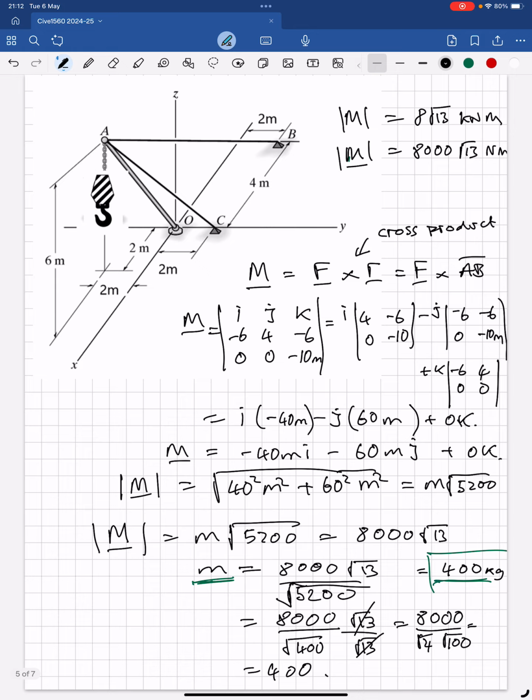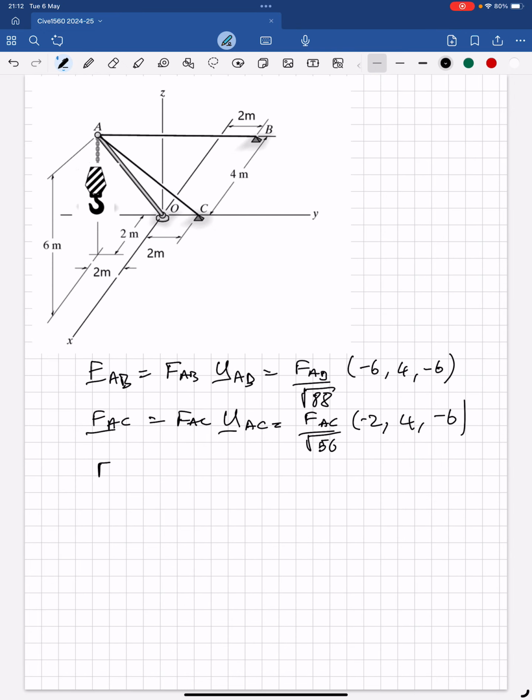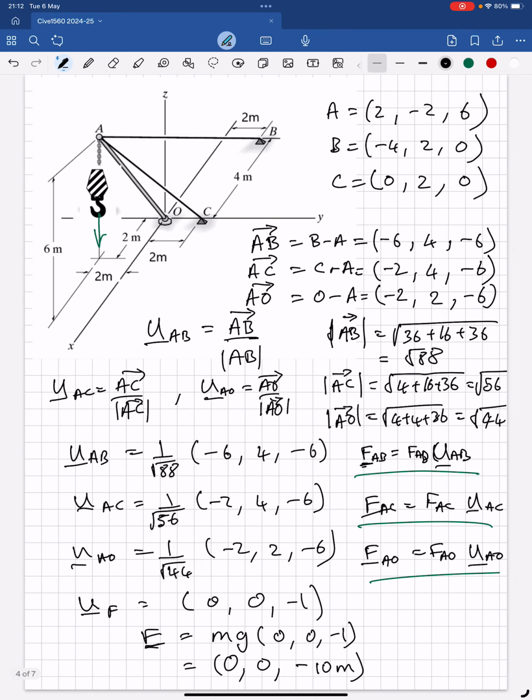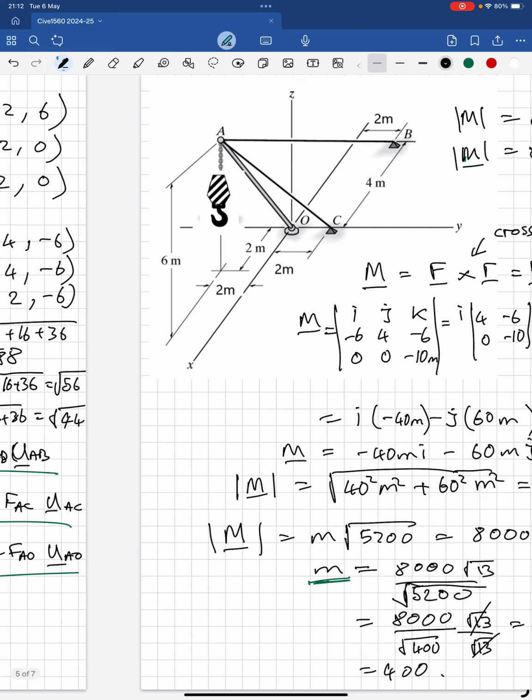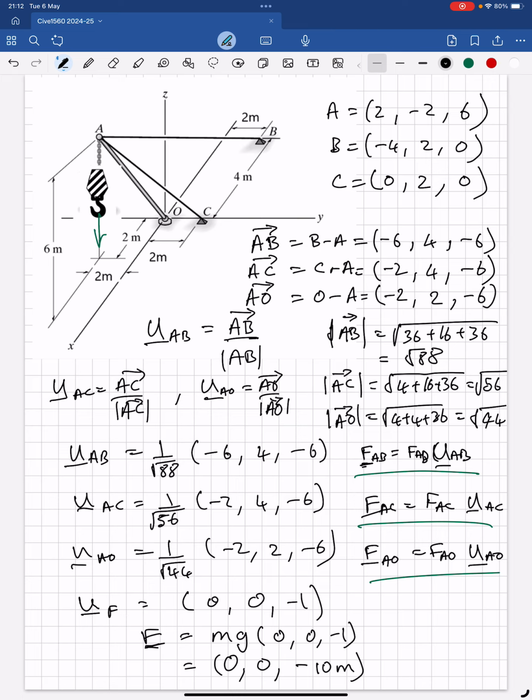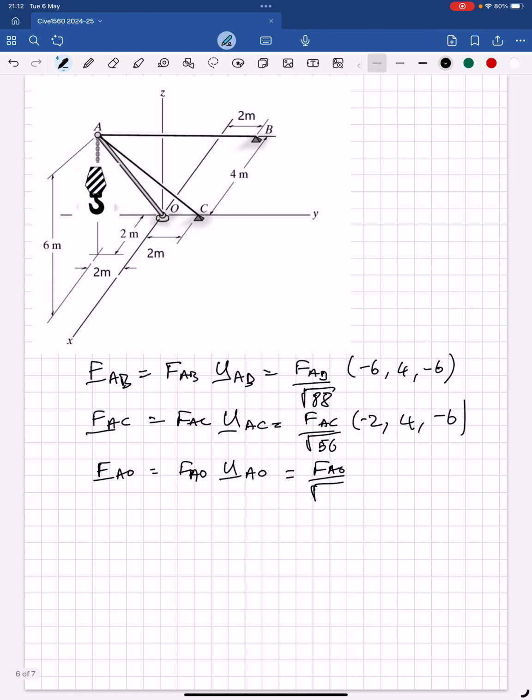And the last one, vector FAO, is FAO times UAO, which equals FAO over root 44 times minus 2, 2, minus 6.